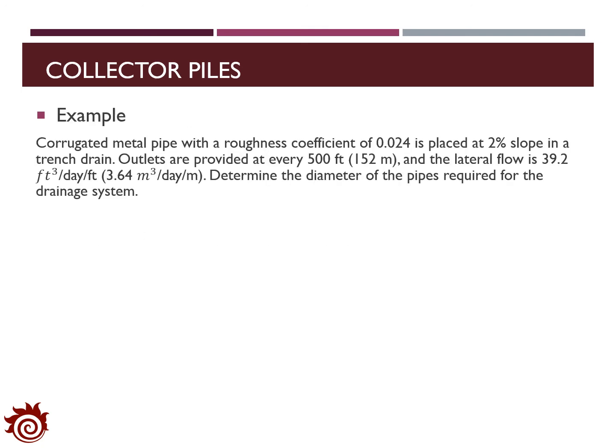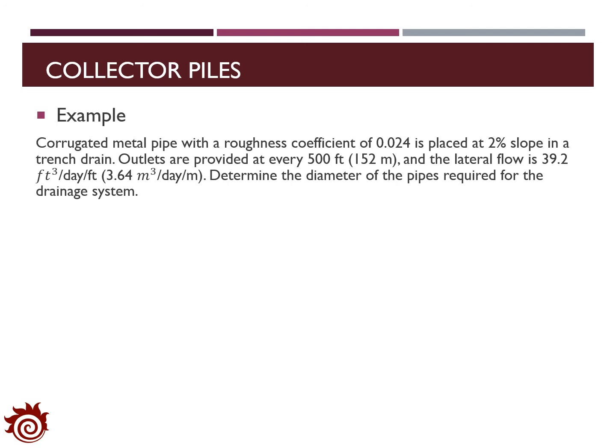At last, let's check one example to see how we can estimate the diameter of the pipes required for the drainage system. In this example, we assume that a corrugated metal pipe is applied. The roughness coefficient is 0.024 and it is placed at a 2% slope.